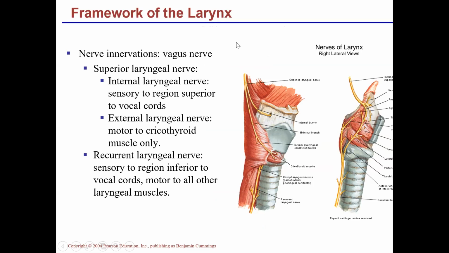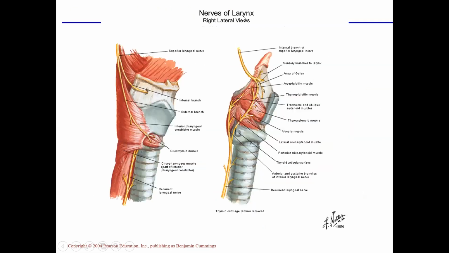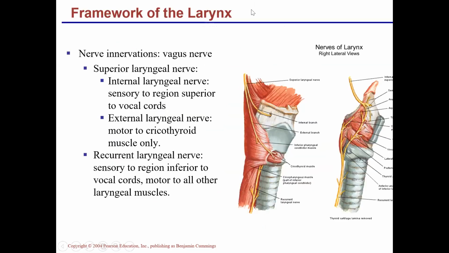From the vagus nerve, it's coming down from the cranial nerve, from the brain, and comes down to the larynx part, and then gives a branch. It's called the superior laryngeal nerve. One branch from the vagus nerve going to the larynx part is called the superior laryngeal nerve.